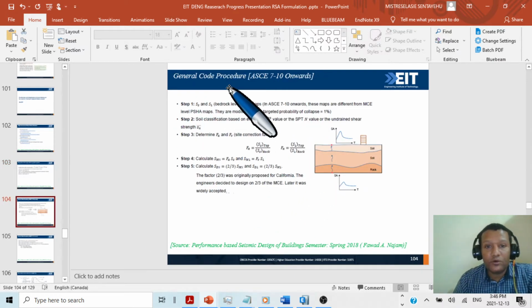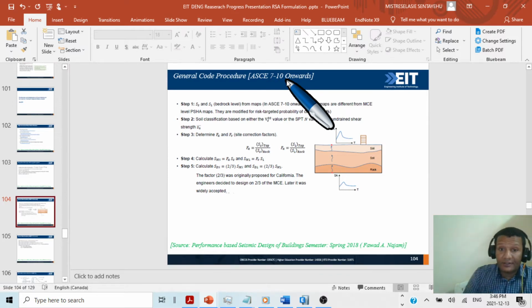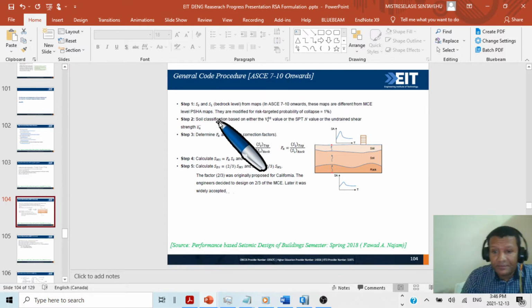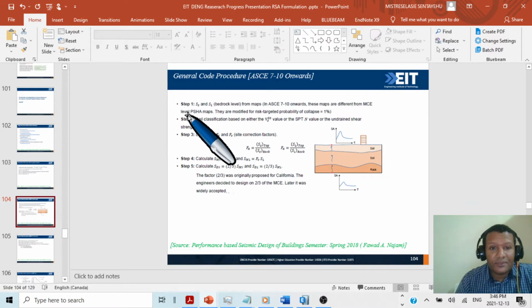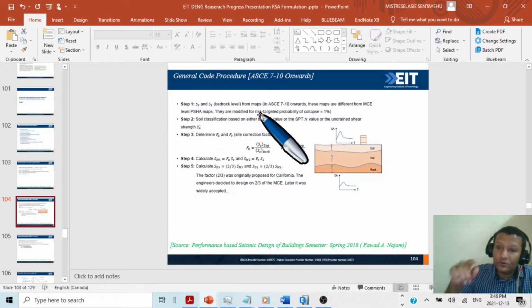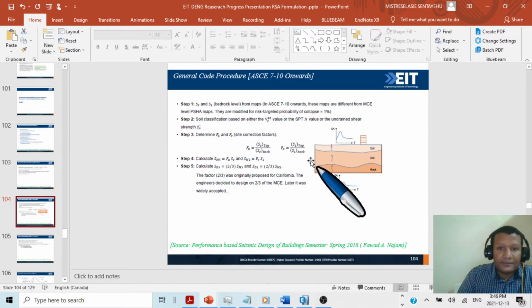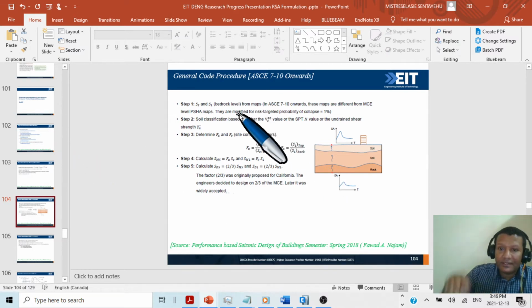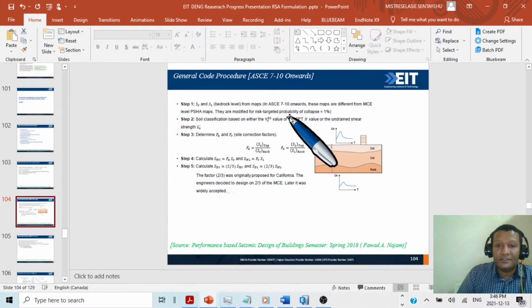So the general code procedure, ASCE 7 and onward. This is the step, let me go through very fast. Step 1, SS and S1. You go to the map, and from your location you will read the SS and S1 values from the map.